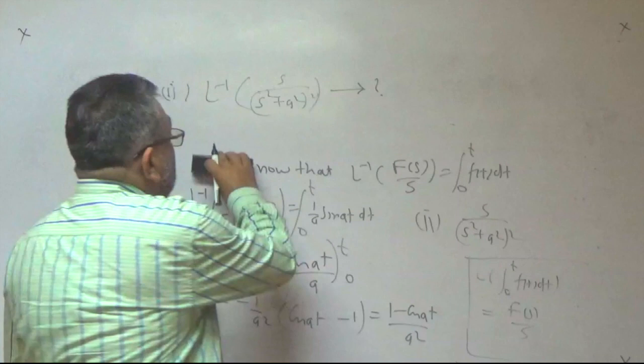This is just some manipulation and calculation based on algebra. The inverse Laplace transform of s square upon (s square plus a square)(s square plus b square) is equal to this.